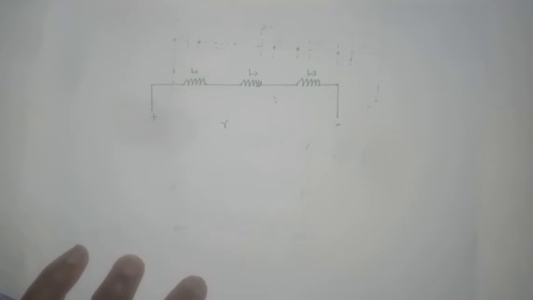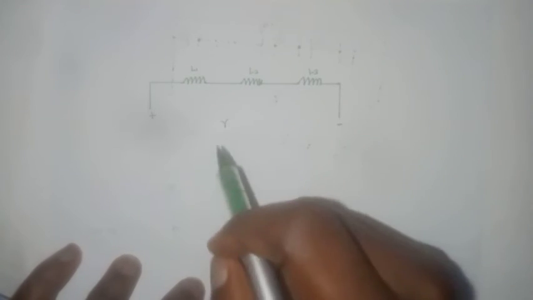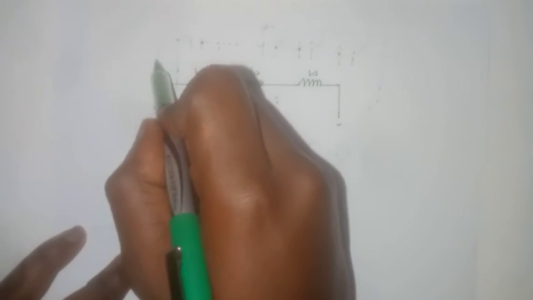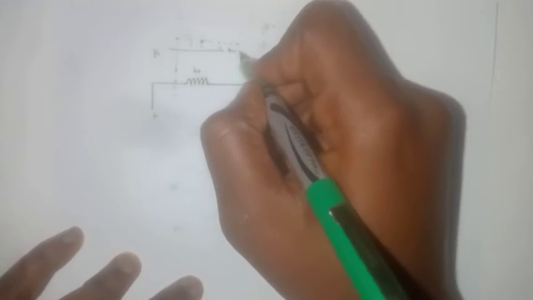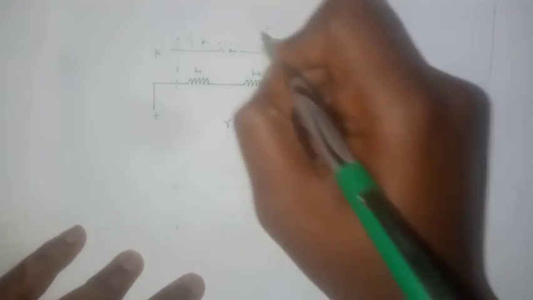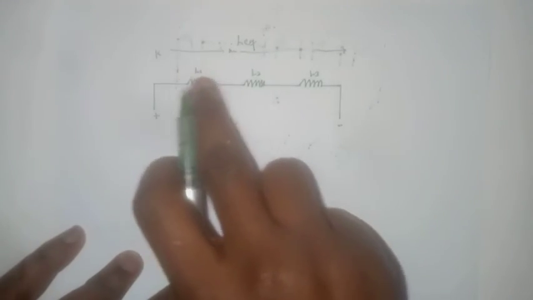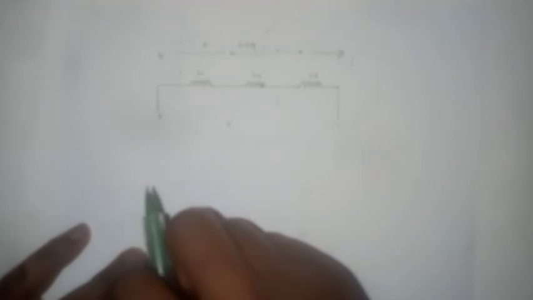So say you had 3 inductors connected in series with one another, and you wanted to find their equivalent inductance. That is, what is the value of inductance that you connect across here that will give you the equivalent effect of these three inductances together?